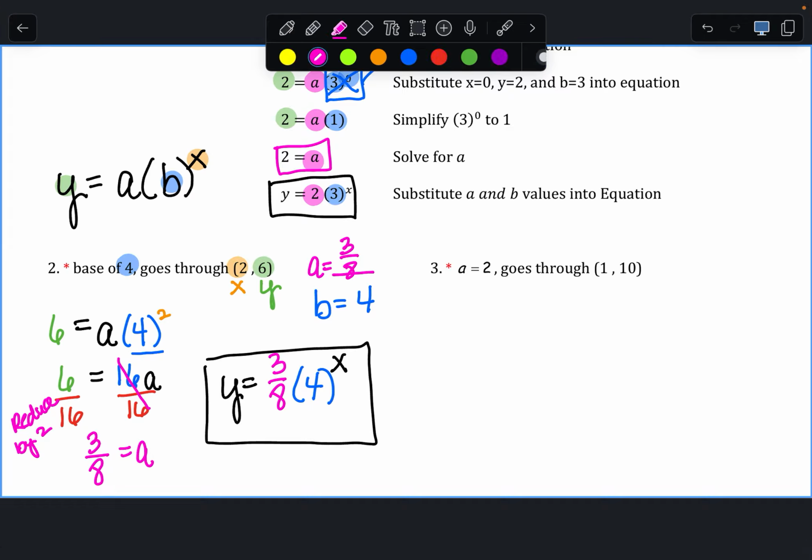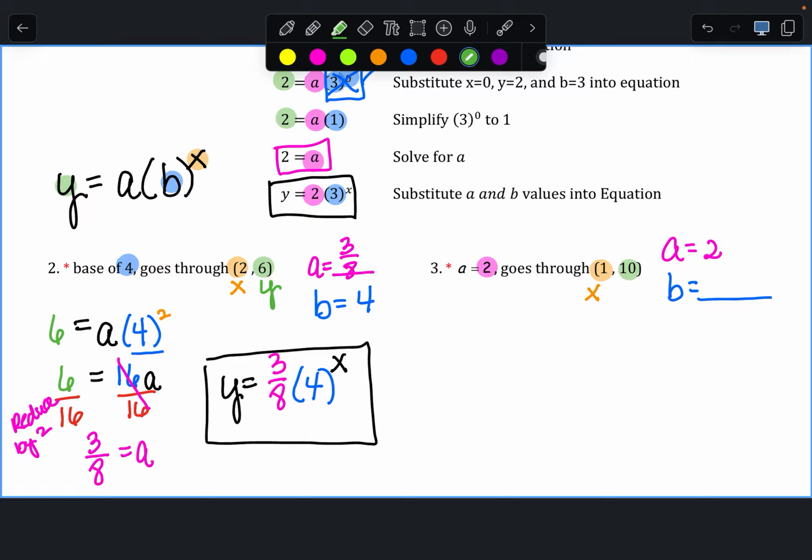So we're just going to plug in a little different this time. So y is a 10, then you have an equal, then your a is a 2, then we don't know our b, and then our x is a 1. Well, b to the first is just b.